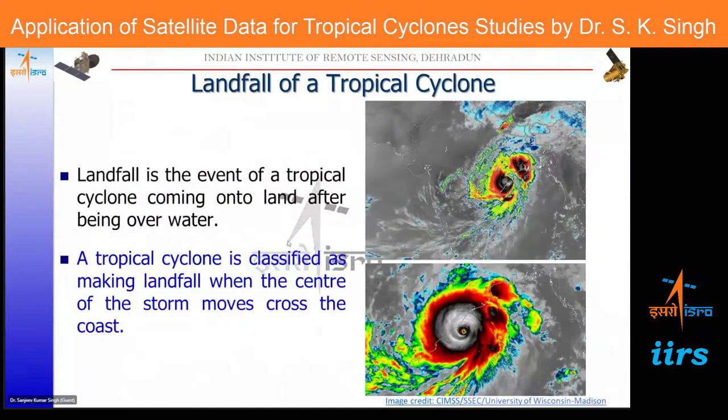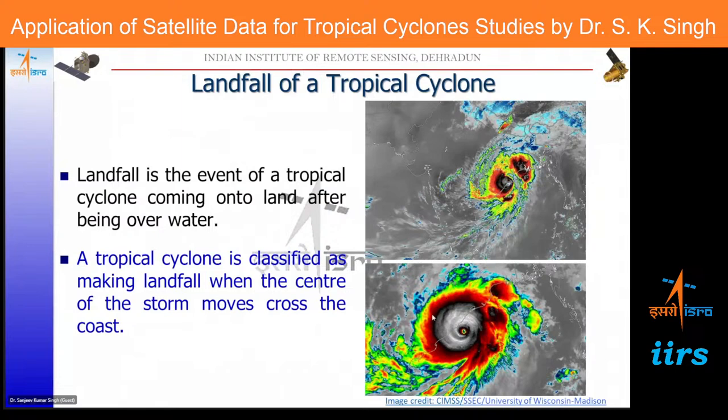Coming to landfall, because everybody is curious to know where the tropical cyclone is going to hit. Landfall is the event of the tropical cyclone coming onto land after being over water. I like to show this picture always, because these are the tropical cyclone locations, top and bottom picture.